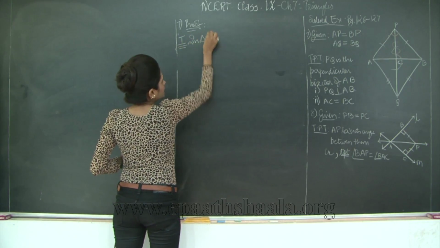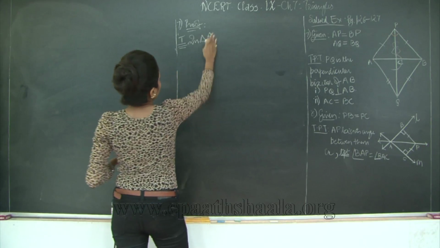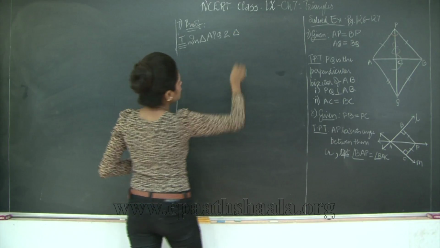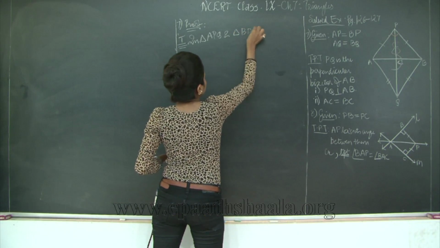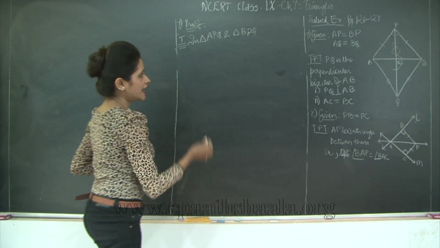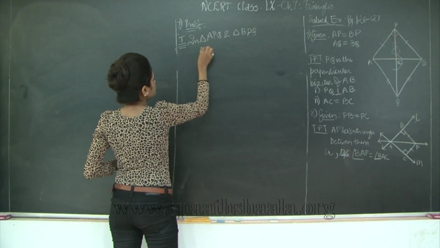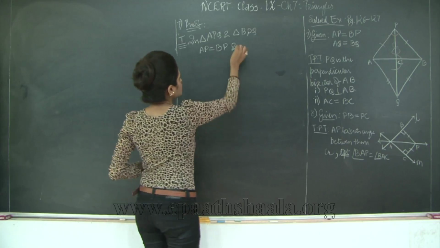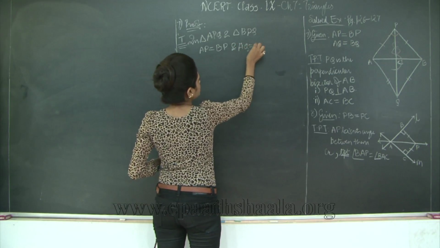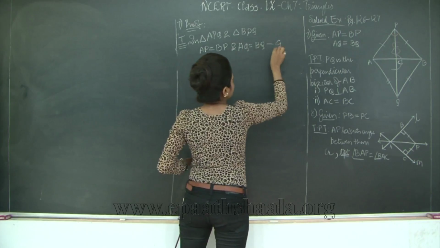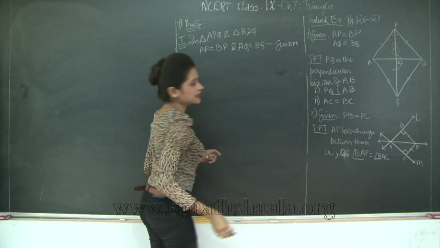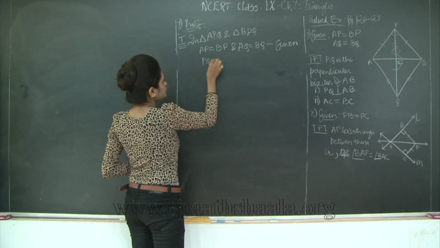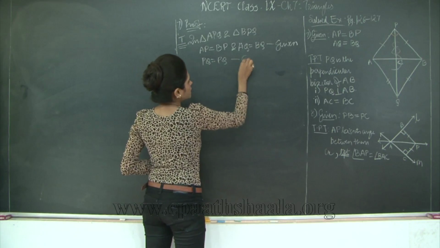In triangle APQ and triangle BPQ, what do I have? I have AP is equal to BP, given, and AQ is equal to BQ, which is given. And also I have PQ is equal to PQ, common side.